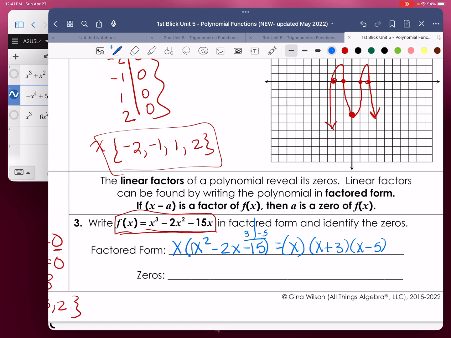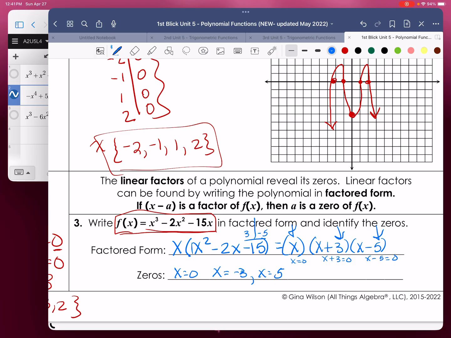Now, when you solve all of these, first, if you have x equals 0, x plus 3 equals 0, and x minus 5 equals 0, you don't really have to solve them out because your answers are right here. So, x is equal to 0, x is equal to -3, and x is equal to 5.